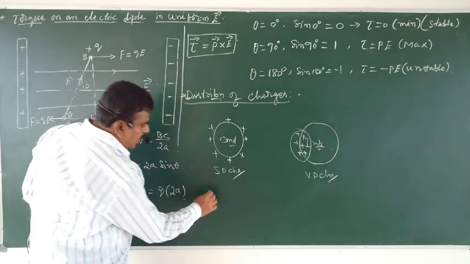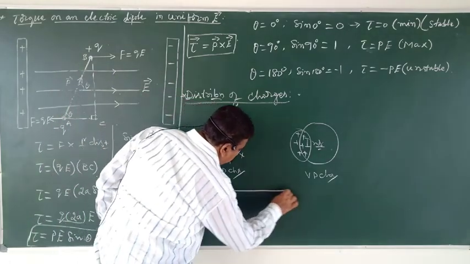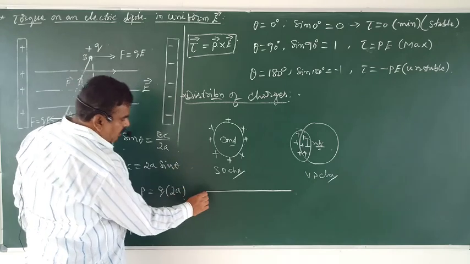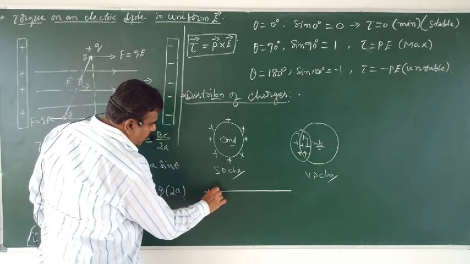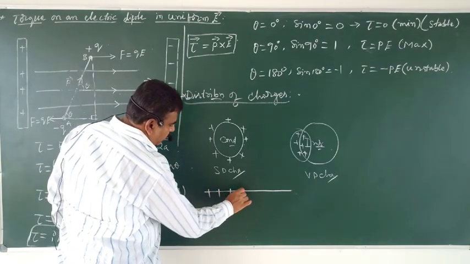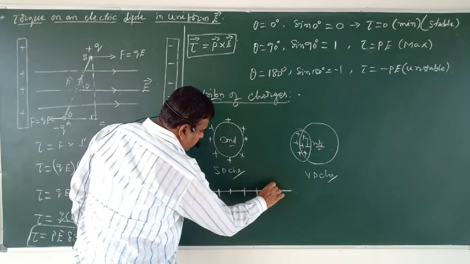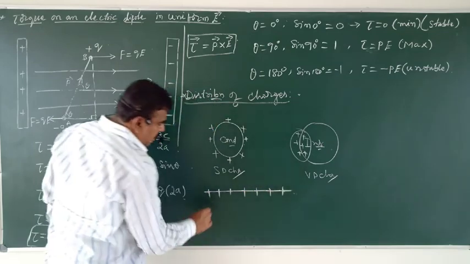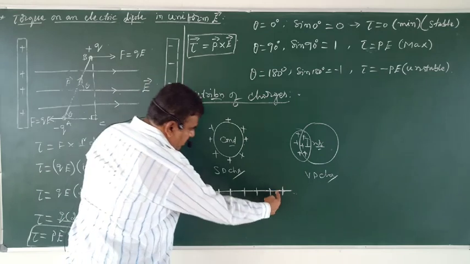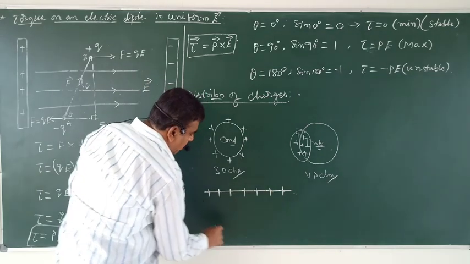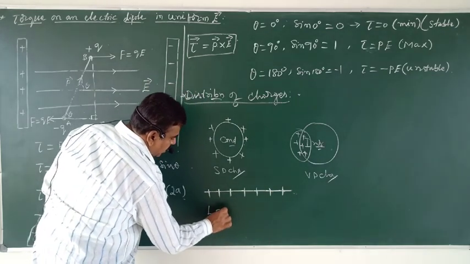Okay? If we have a wire like this, when charges are given, the charge will distribute to the entire wire like this. The charge per unit length is called linear charge density.